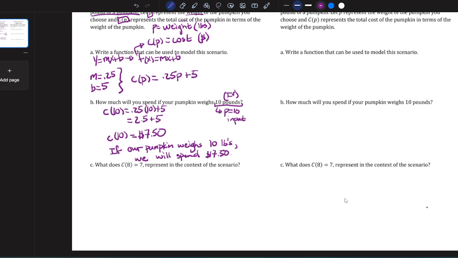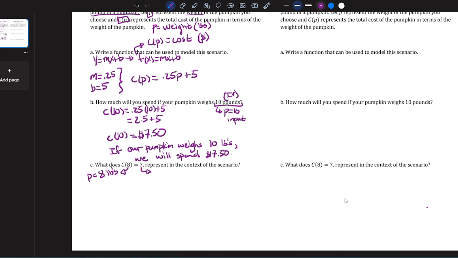When I come across a problem like this, I'm first going to break this down into what are these values with their units. And so I know that if it's inside the parentheses, this is a p value. And so I know that this means that p is going to be equal to 8, specifically pounds. Okay, taking a look at 7, well, I know that the c of p value is a cost, right?